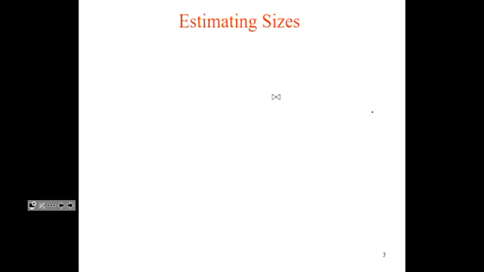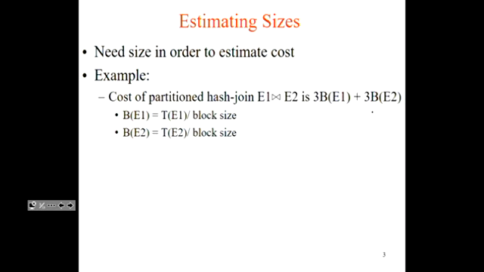You do need to know the size of a relation or an intermediate result in order to estimate the cost. The cost of the two-pass partition hash join was 3 times B of the first relation plus 3 times B of the second relation, where the number of blocks, if the relations are clustered, is the number of tuples divided by the number of tuples that fit within a block.